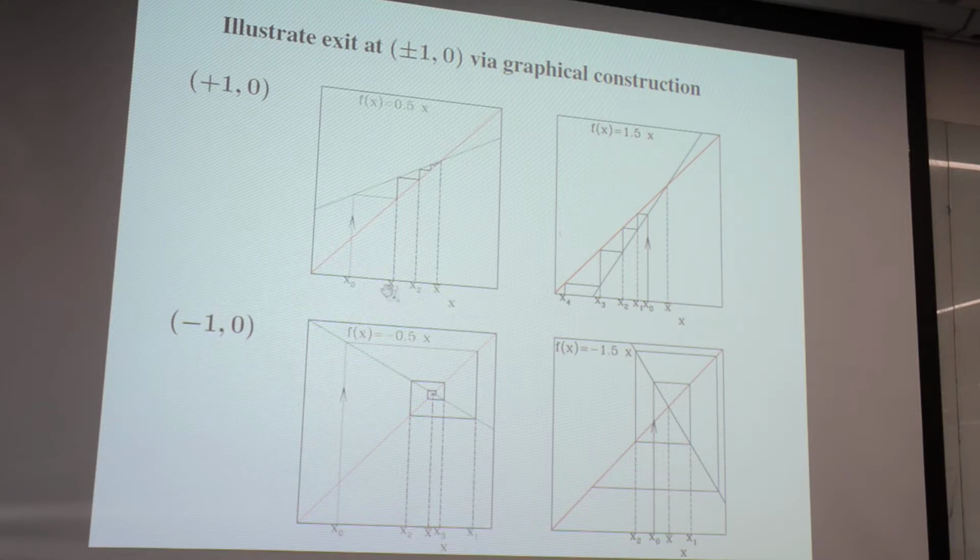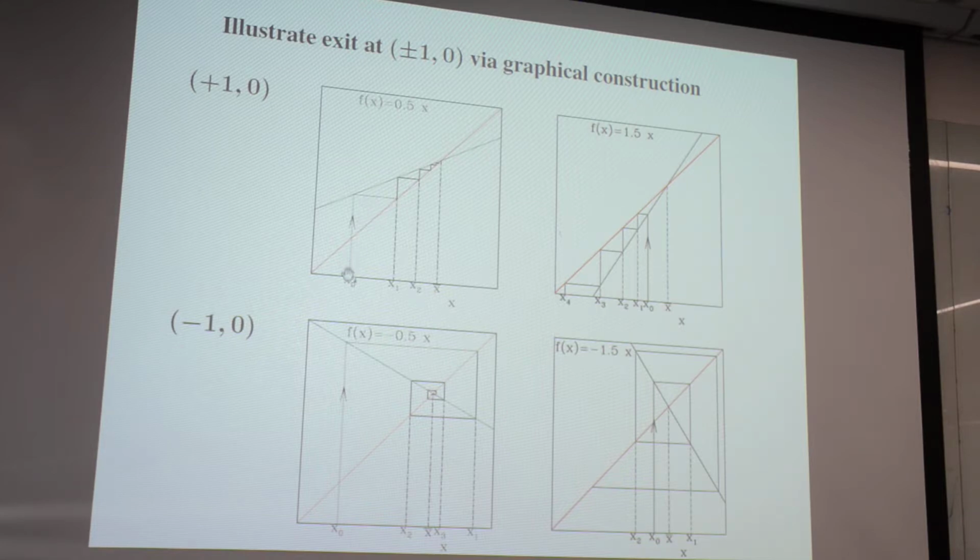This value here, x1, is the vertical value f of x naught. You can see it's on the diagonal, so its vertical value is the same as its horizontal value. You certainly know that its vertical value is f of x naught, and since it's on the diagonal, its horizontal value is also f of x naught.